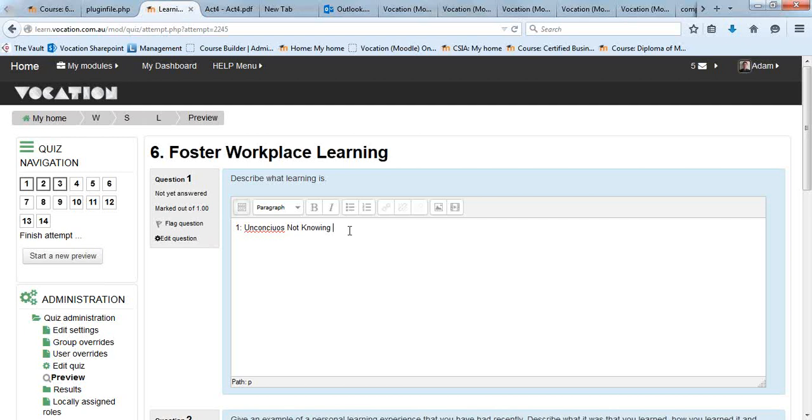A good example is before you go and get your license and start learning how to drive, you're unaware of what it is you need to know in terms of driving, and you're also unconscious of what that information is.